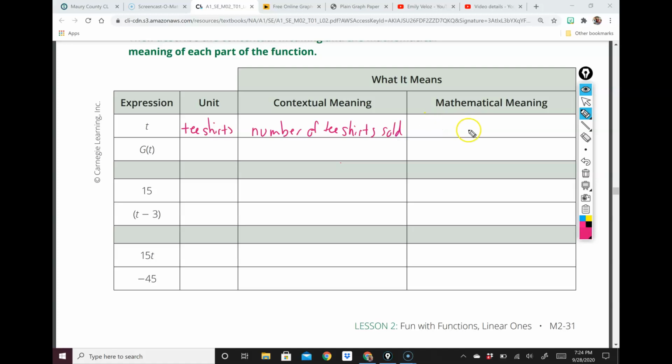And the mathematical meaning is your input, your domain. g of t is your profit, your dollars, your potential earnings, which is your output.